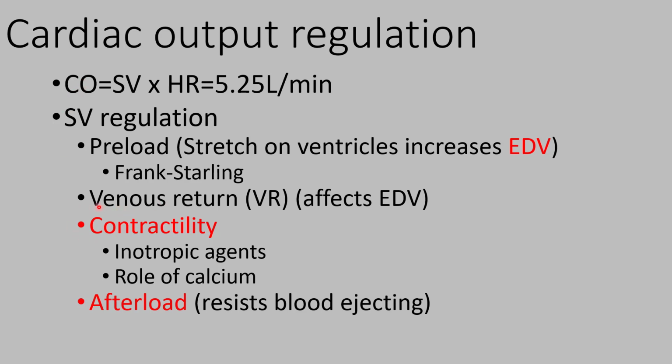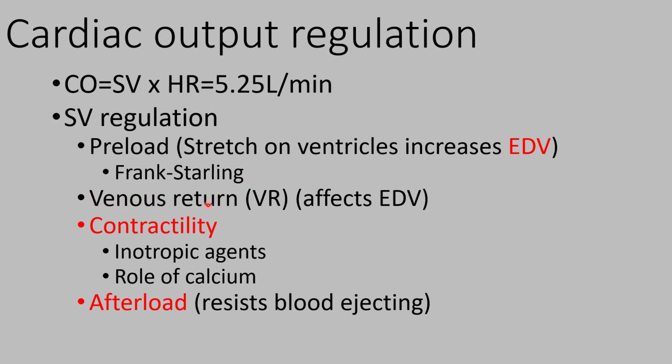Now, there's another term here, venous return, VR. Venous return is the volume of blood that is coming back to the heart. So, more blood coming back to the heart. This is also going to affect preload.